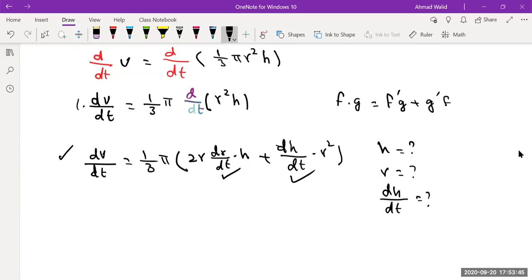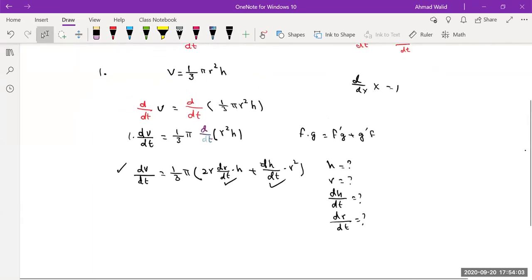These values should be given to me. If they give me these 4 values, easily now I can calculate the rate of change in the volume of the water.